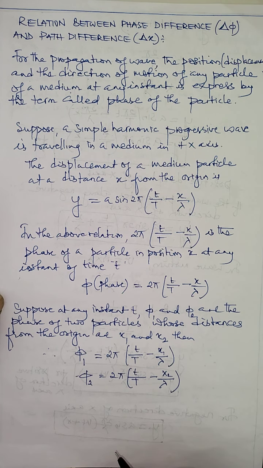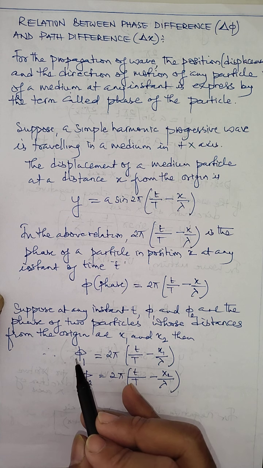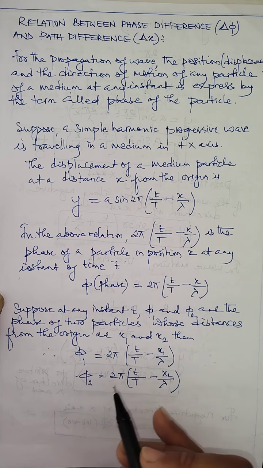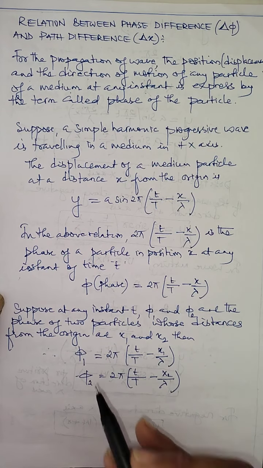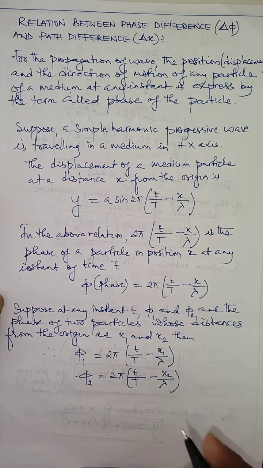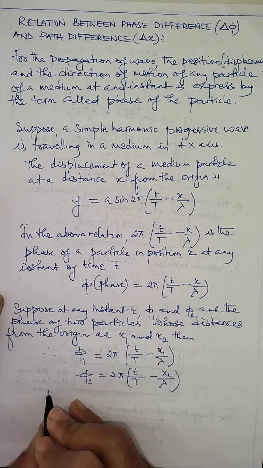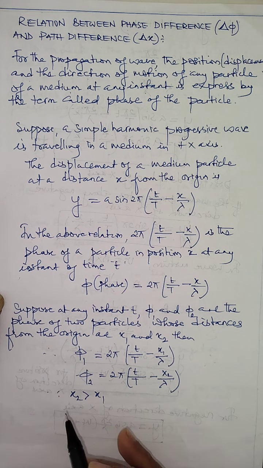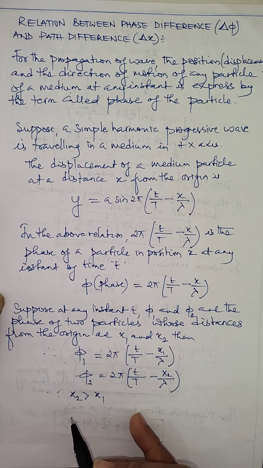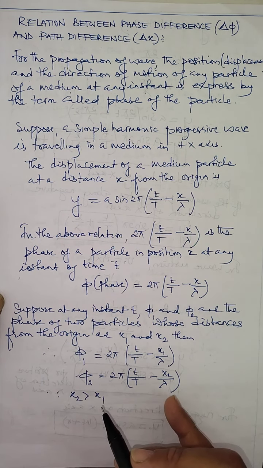Now these are the phases acquired by the different particles. Now I take the difference of these phases, and this difference in the phase between the two particles is measured by what term? Phase difference. Let me tell you that if I write x2 is greater than x1, that means the phase of the second particle is greater than the phase of the first particle.